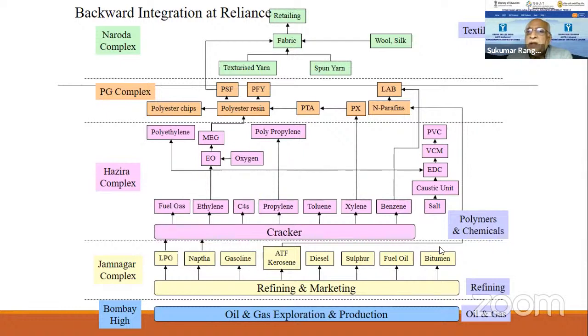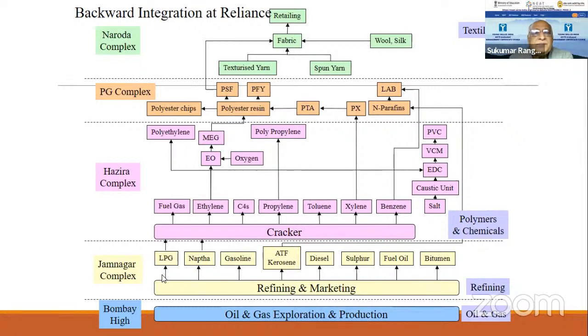Some are directly sold to other processes, and some, as you see here, go directly to oil marketing companies. Reliance themselves market, but it is also sold to other oil marketing companies like BPCL, Indian Oil, and HP.